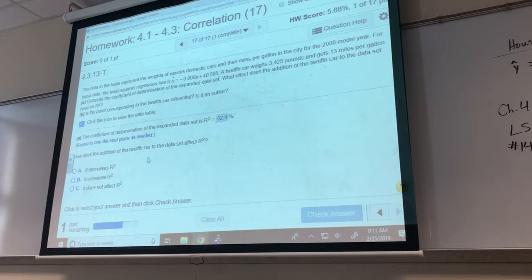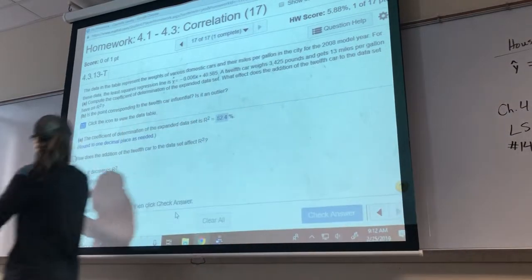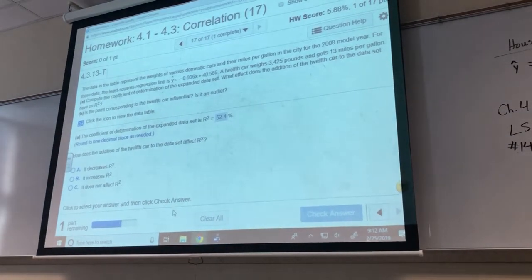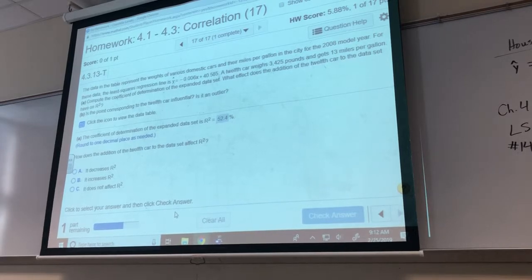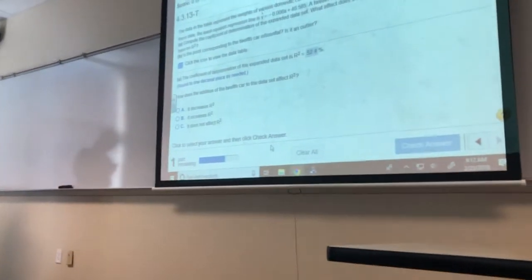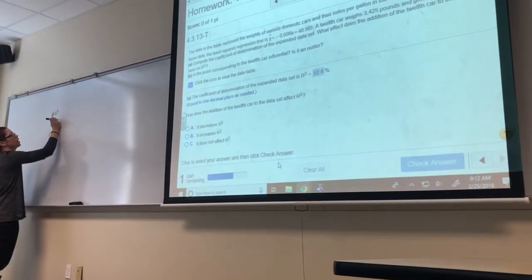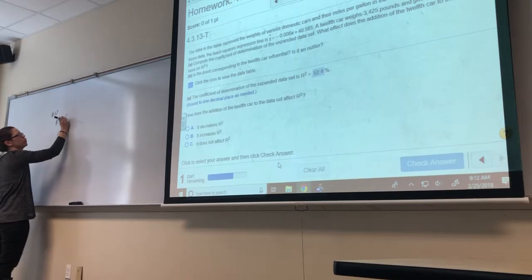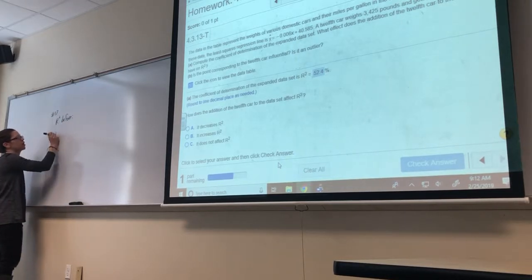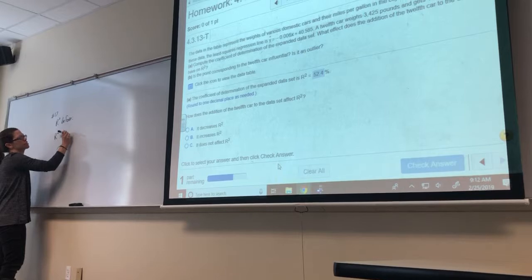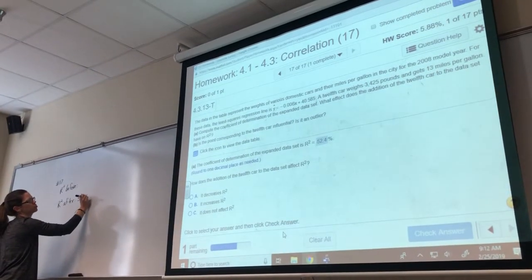Then it asks us how the 12th car affects the data set. They don't tell us R squared, do they? They don't. So for number 17, they don't give us the R squared before, and what I just calculated after was 52.4%.